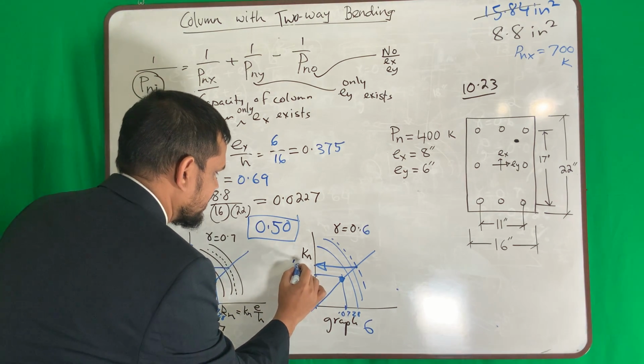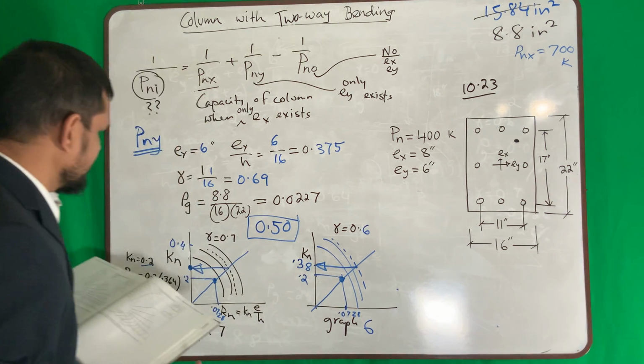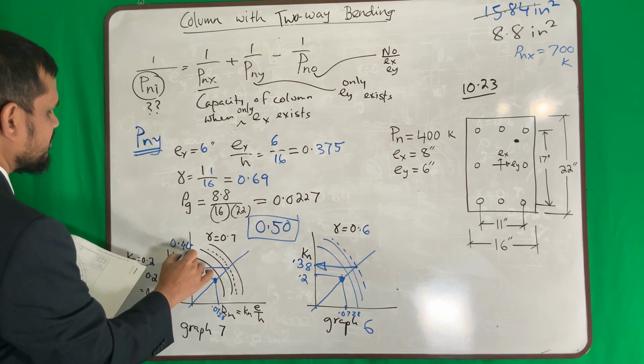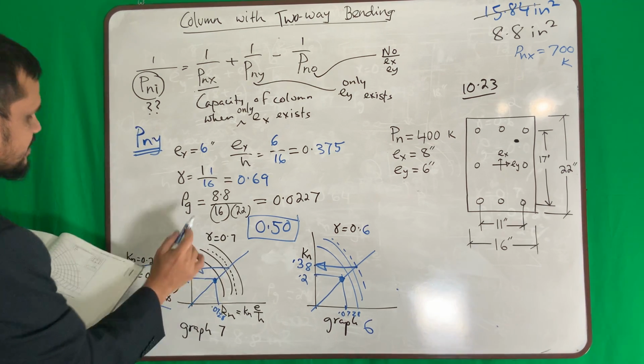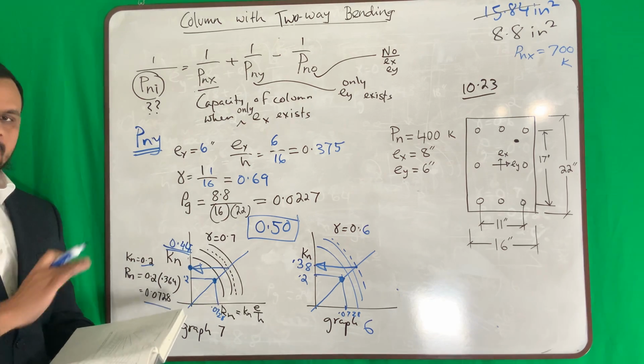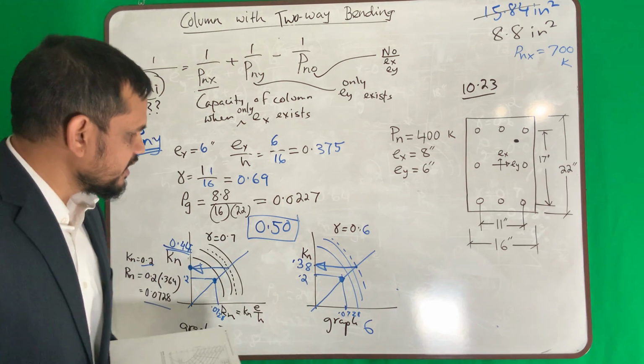So this value is coming, say 0.38. I actually forgot what was the value here. So same value for 0.44, 0.38.